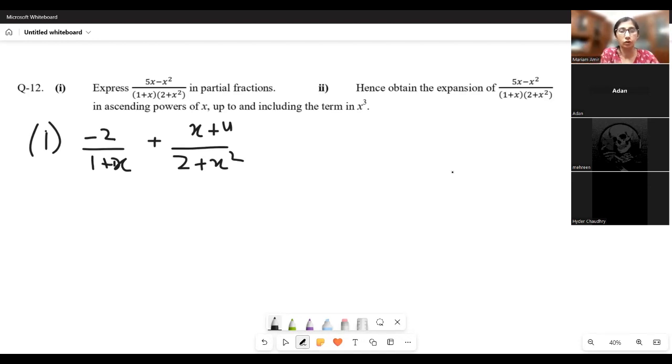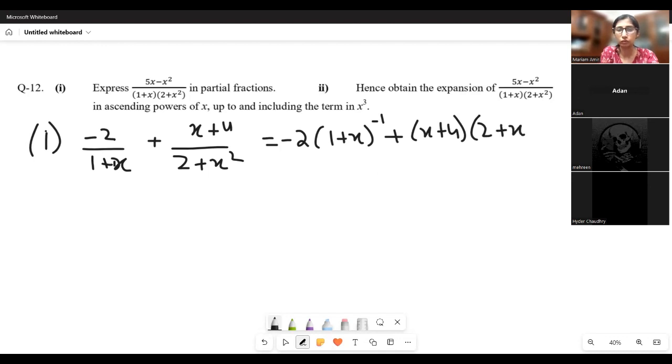All right. So next part says, hence obtain the expansion of this in ascending power of x up to and including the term in x cubed. All right. So the denominator terms go to the numerator, their powers become minus: 1 plus x power minus 1, plus 4 times 2 plus x squared power minus 1.